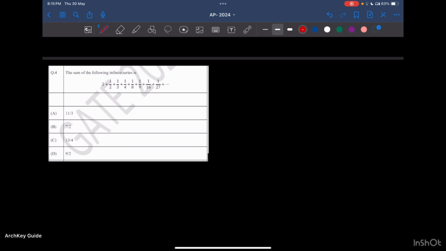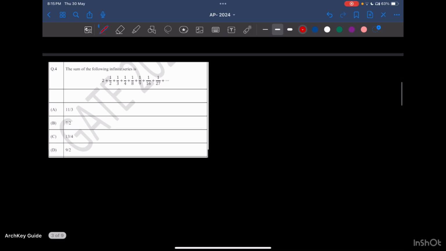Because we know that the sum of an infinite series is a divided by 1 minus r, where a is the first term and r is the common ratio, right? So I understand that a is 2, but what would be my common ratio? I do not find any common ratio here. So the trick here is, you write down this first.